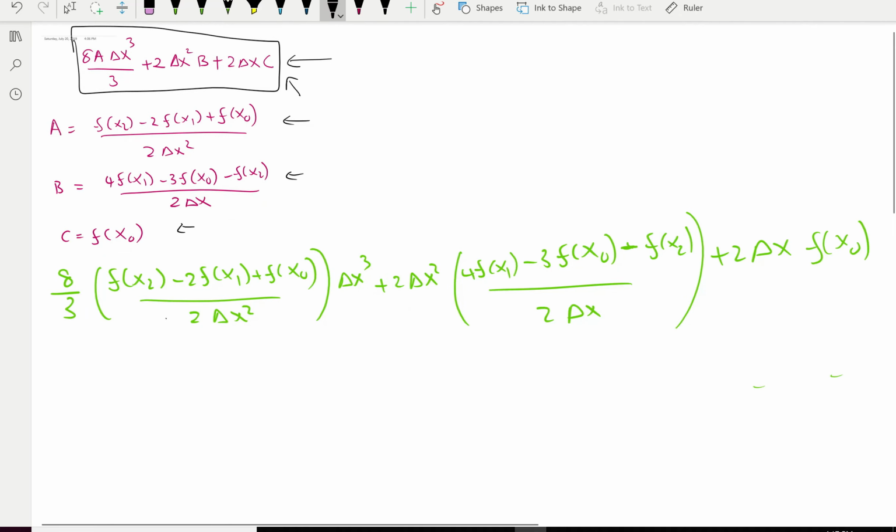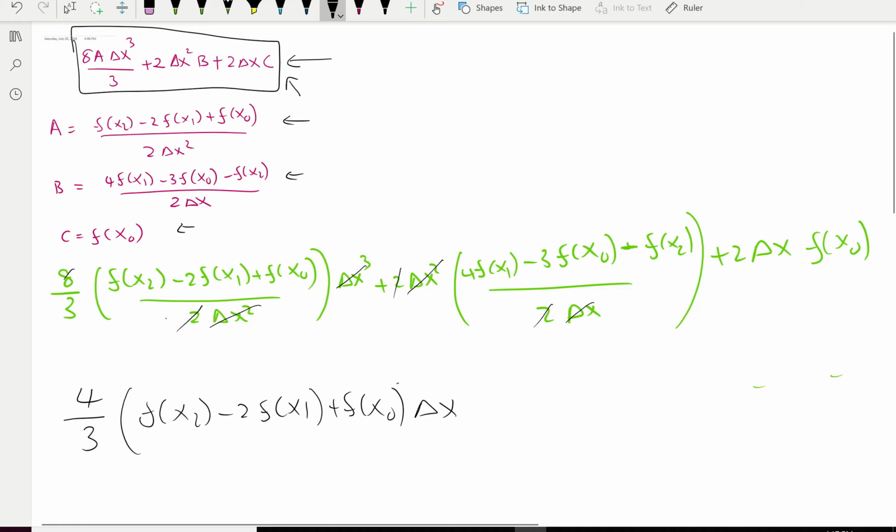Okay, now delta x squared cancels out and some terms will be left, 2 cancels out, so what's left? So it's going to be 8 over 3, so 2 and 8 cancel out. It seems like we get 4 here, so 4 over 3 times f(x2) minus 2f(x1) plus f(x0) times delta x, because 1 delta x will be left after cancelling out.